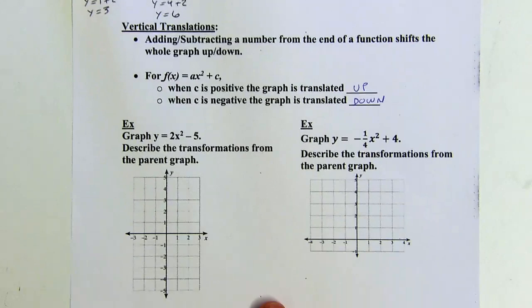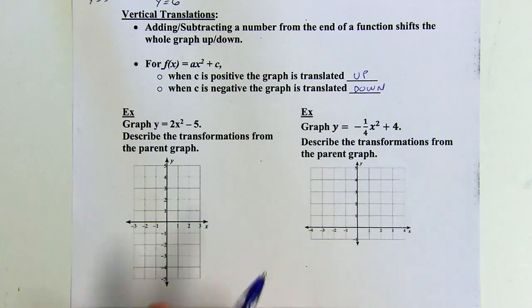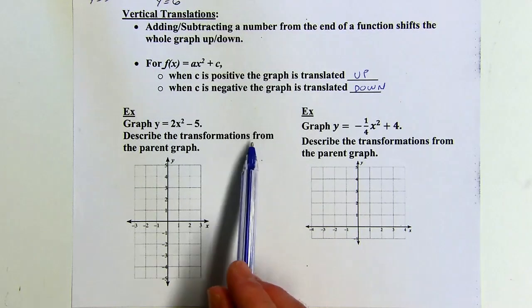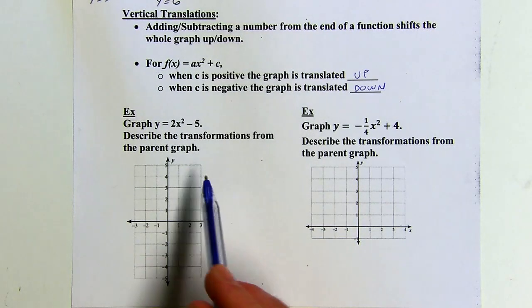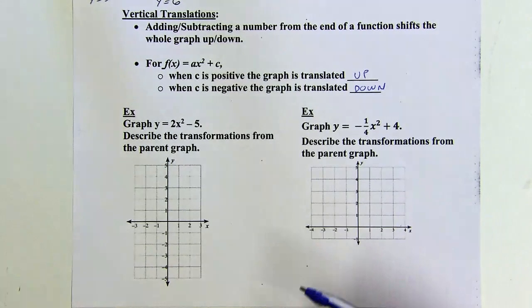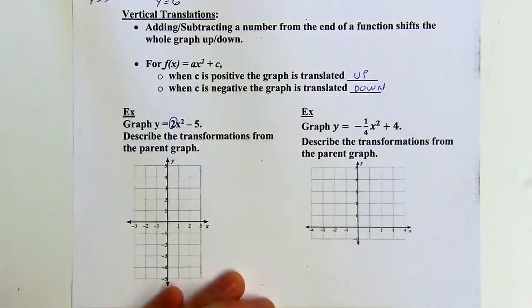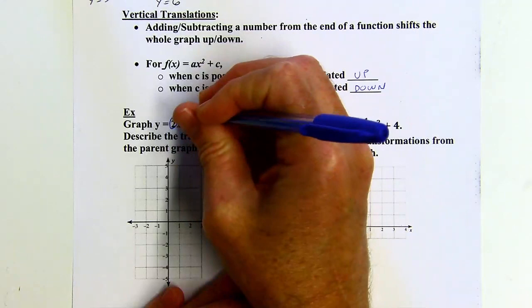So let's put this together with some of the transformations we looked at in the previous section in 8.1. So we're going to describe the transformations from the parent graph. I'm going to do that actually before I even graph anything. So this 2, that's going to give me a vertical stretch.